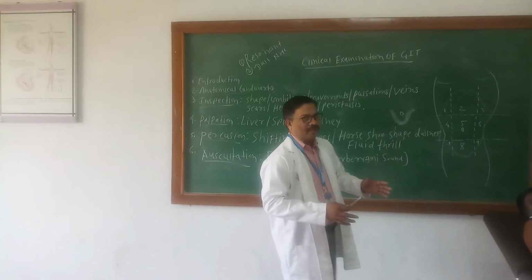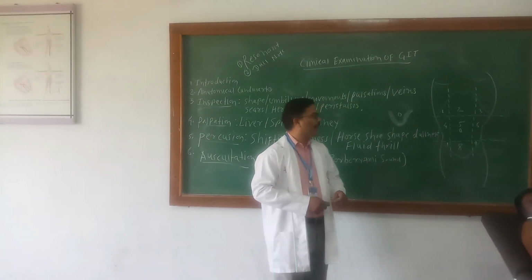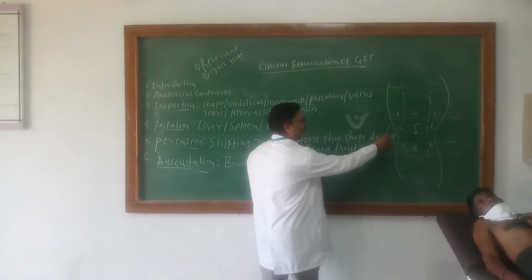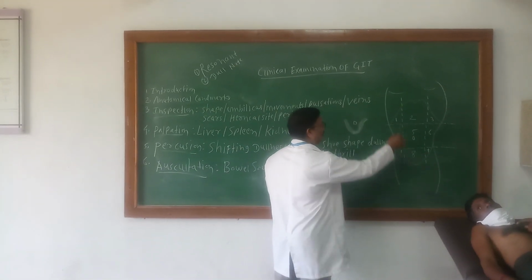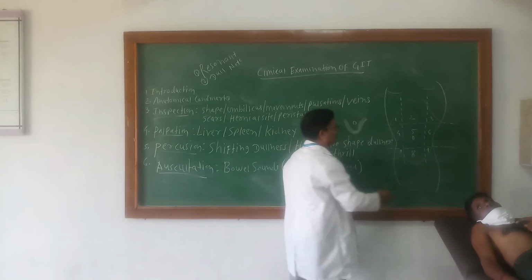The abdomen is divided into 9 quadrants by 4 lines, 2 horizontal lines and 2 vertical lines.